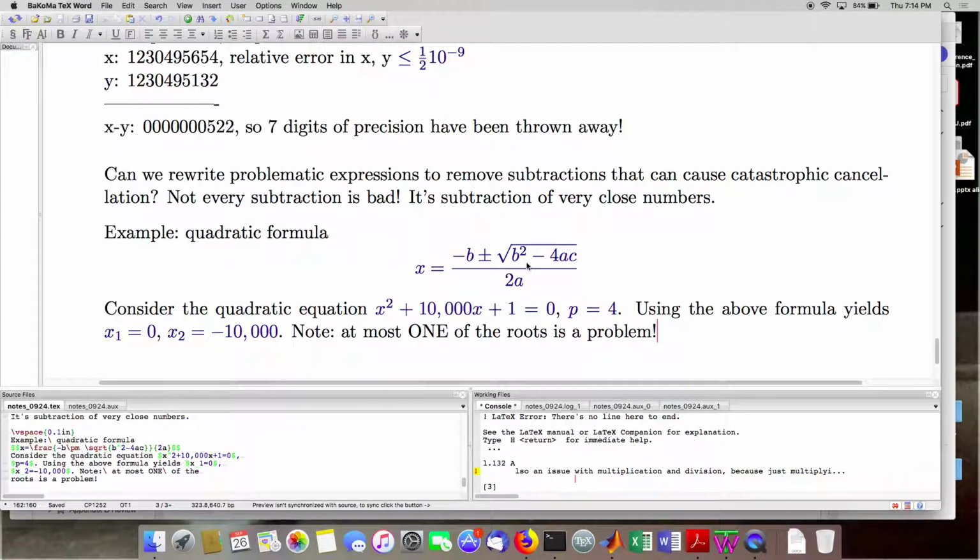So in other words, you actually have 2 quadratic formulas. Each one of them is safe for one of the roots. So between the 2 formulas, you have a reasonable way of computing both of them.